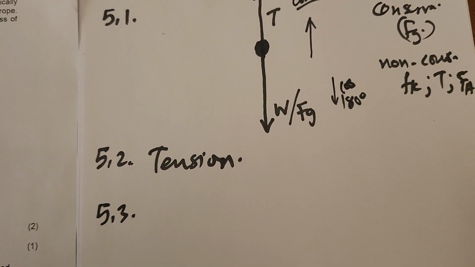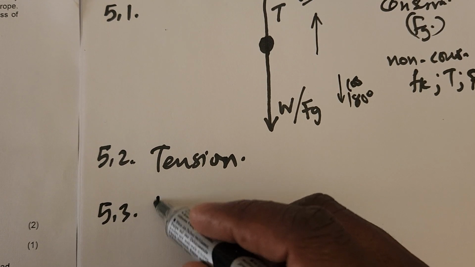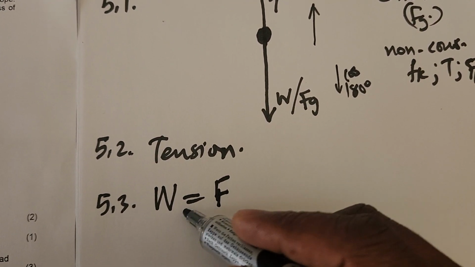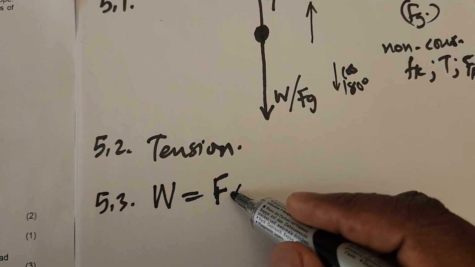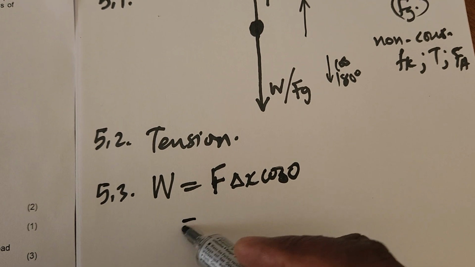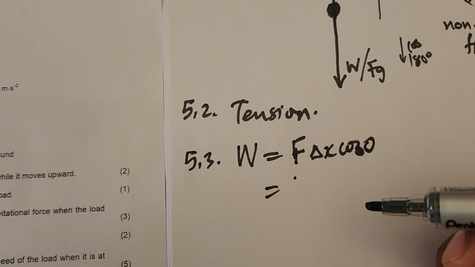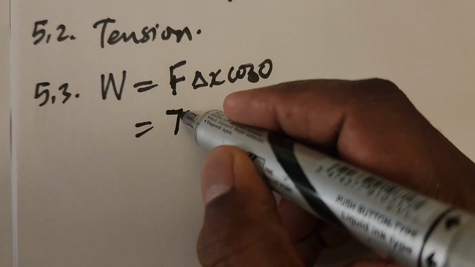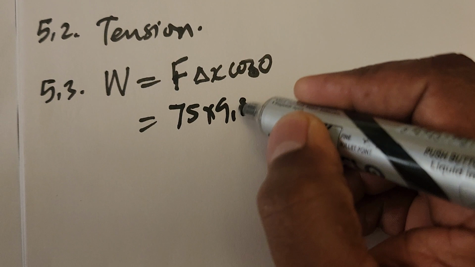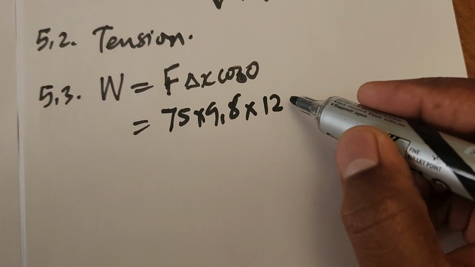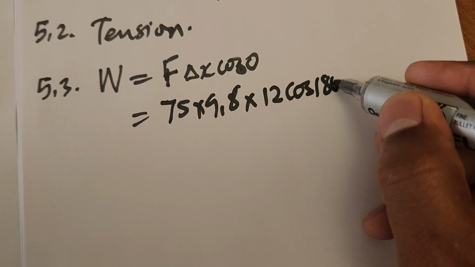Now we are calculating the work done by the weight. So there's a formula for work done by a single force. This is the formula. Work done by a single force is the force multiplied by delta X cos theta. Fine, our force is the weight. Now we'll have to multiply the mass. The mass of the load is 75. Therefore, we'll have 75 multiplied by 9.8 multiplied by delta X, which is 12, and the cosine of 180 degrees.